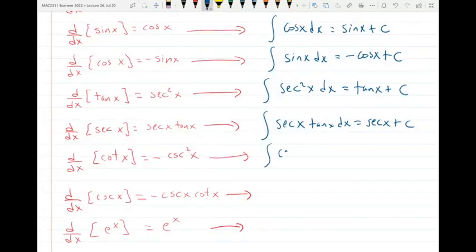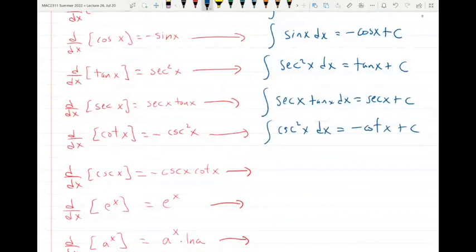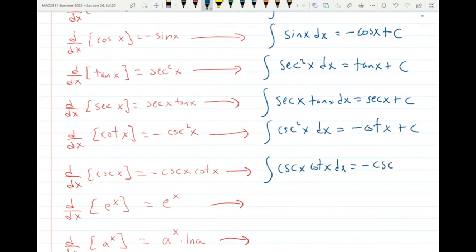And then this one tells us that the integral of cosecant squared is negative cotangent. Why negative cotangent? Because we need to compensate for this negative. Then the integral of cosecant times cotangent is negative cosecant, because we need to compensate for the negative.